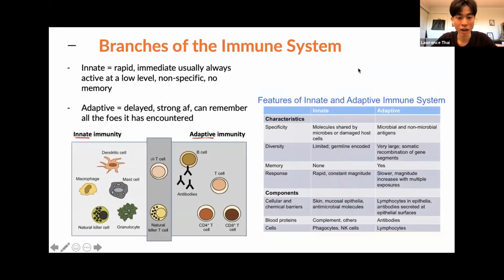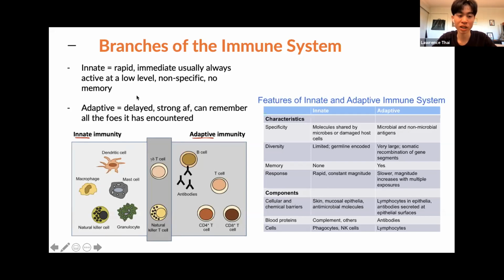Okay. Branches of the immune system. This is kind of tacking onto Kat's presentation. This is a brief summary of the immune system. It's pretty complex. We've got the innate immunity side and the adaptive immunity side. This table is a pretty good summary of the differences between innate and adaptive. But what I really want you to get is that innate is rapid, immediate, and non-specific, and it doesn't have memory.